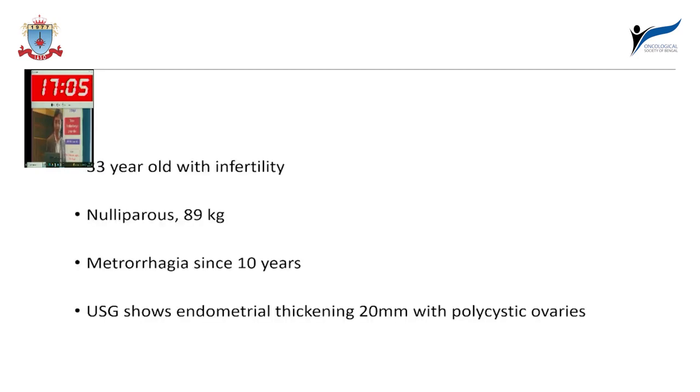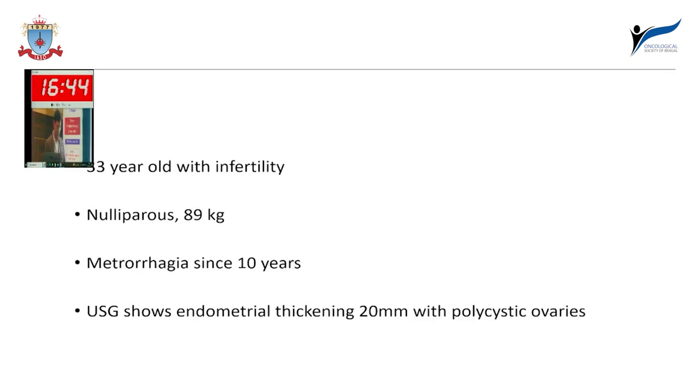So moving on to the second case. This is very, very controversial. A 33-year-old lady with infertility and PCOS, being treated for 10 years for this infertility, 89 kgs, had metrorrhagia for 10 years. Ultrasound showed endometrial thickening of 20 mm with polycystic ovaries.